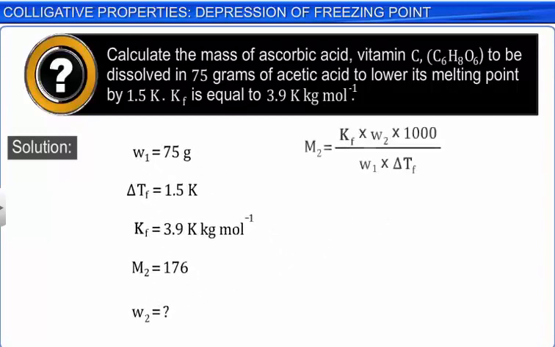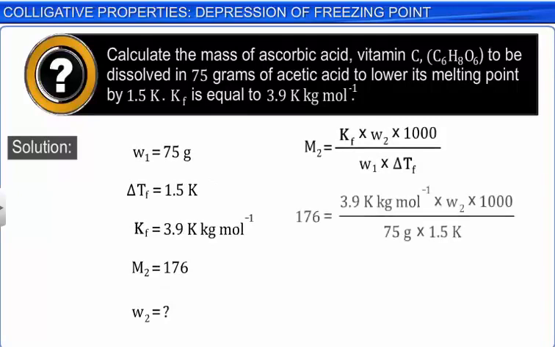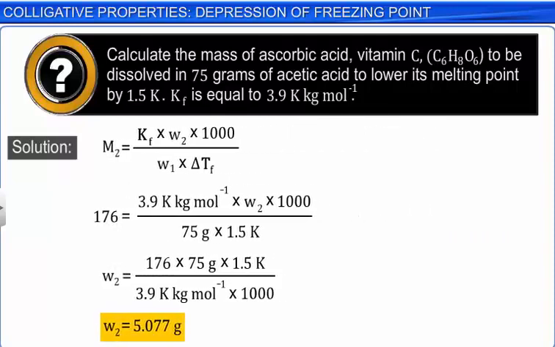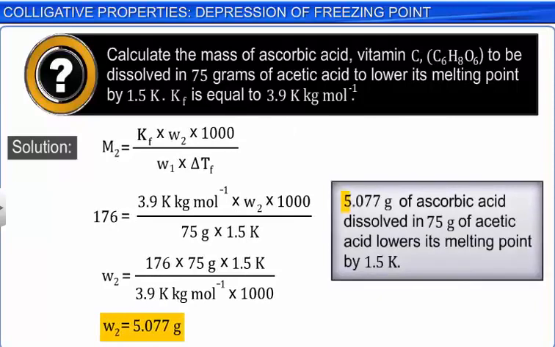Substituting the given values in the equation for depression of freezing point of a solvent and solving for W2, we get W2 equal to 5.077 grams. That is, when 5.077 grams of ascorbic acid is dissolved in 75 grams of acetic acid, it lowers its melting point by 1.5 Kelvin.